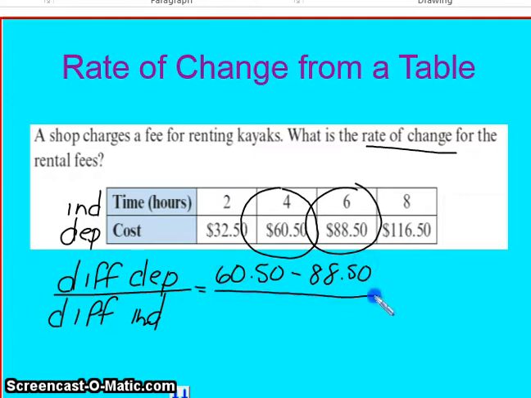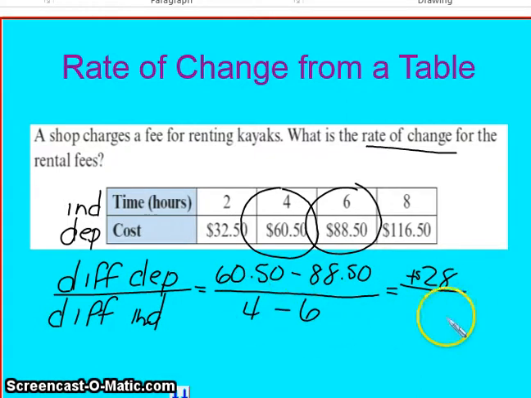That's the difference in my dependent variable. In my independent variable, my time, my first point, the time was 4, and at my second point, the time was 6. Now I just need to subtract these two. So 60.50 minus 88.50 would give me negative 28, and this is dollars.